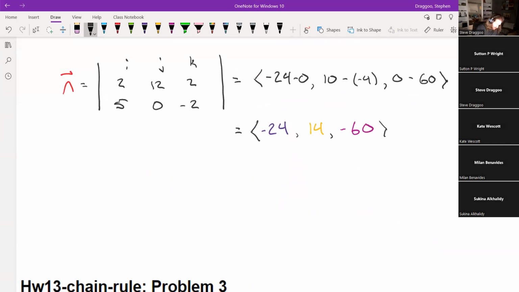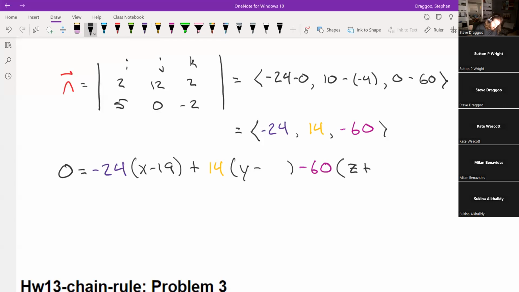So I'll get something like 0 equals negative 24 times x minus 19, plus 14 times y minus whatever its number was, minus 60 times z minus negative 2.